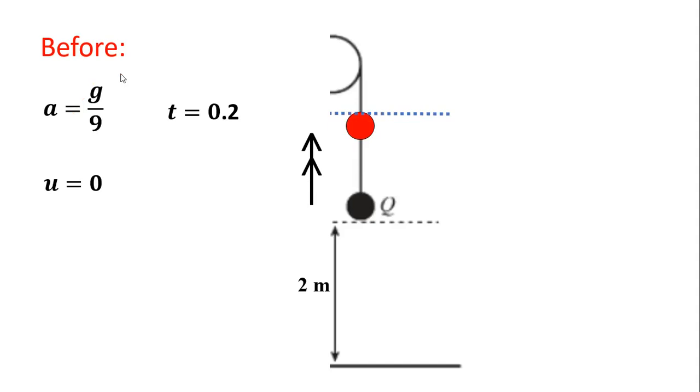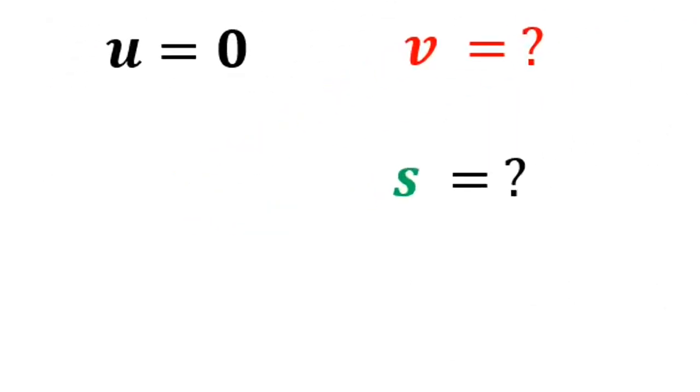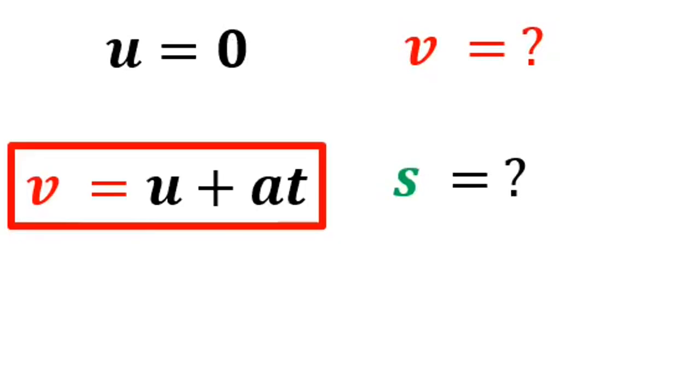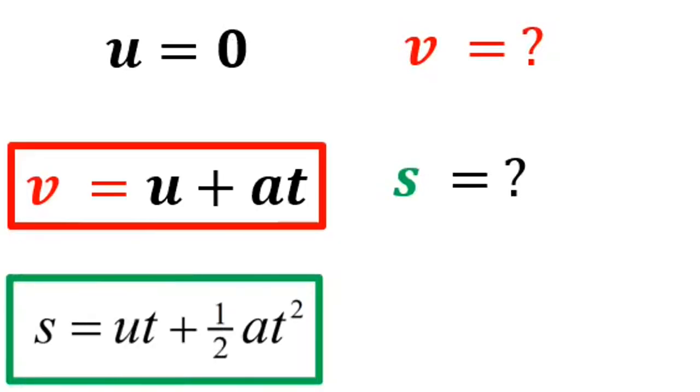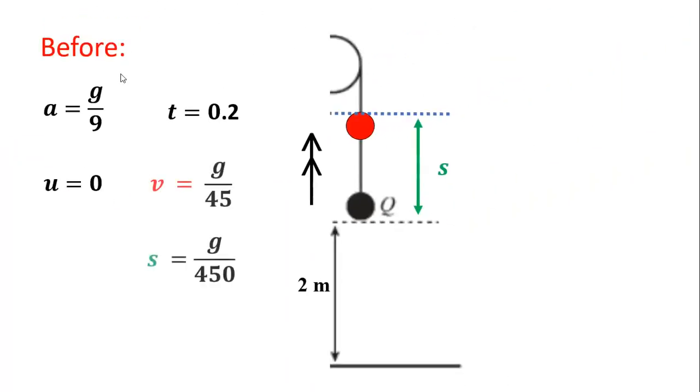In this time, it would have reached a certain velocity and ascended a certain height. So we have two unknowns, but enough information to work out v and s. Just using those two equations, we can solve for v and s, and we have the following values.